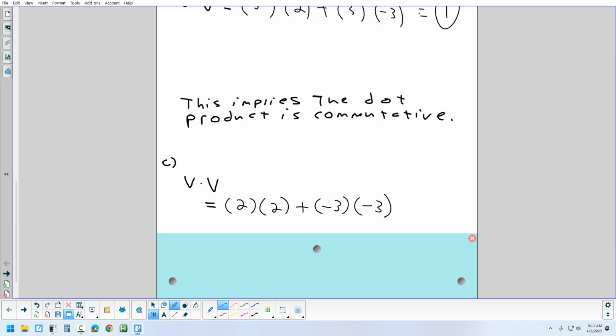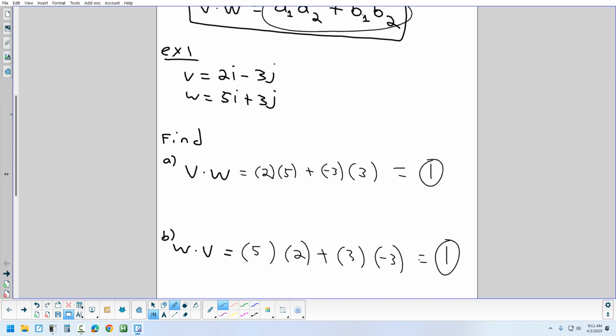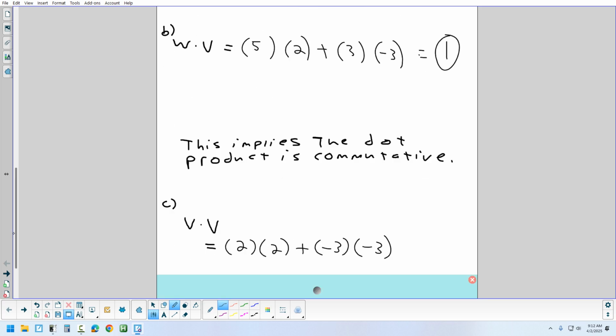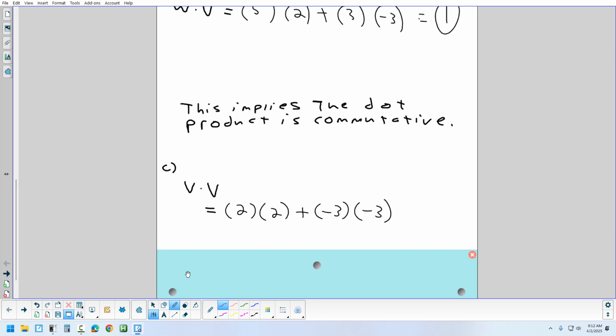You're dotting a vector with itself. 2 times 2, and then negative 3 times negative 3. What would that come out to for the dot product? 13. 4 plus 9 gives me 13.